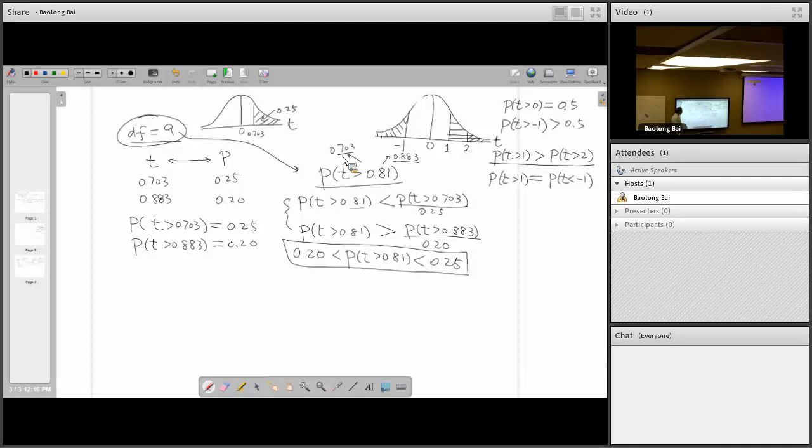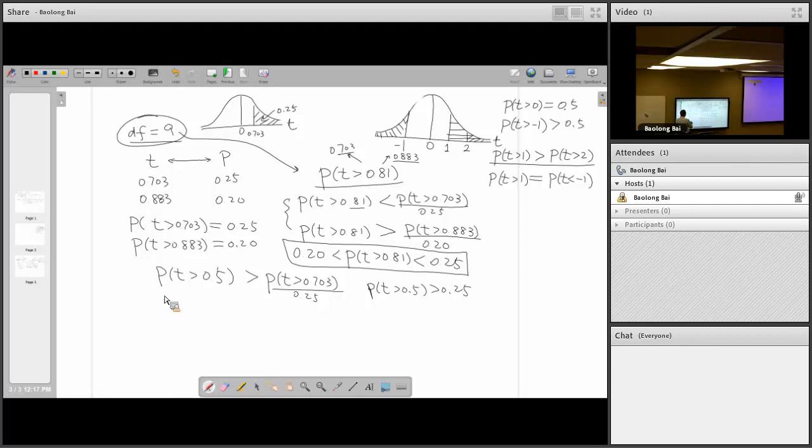What if you're trying to find the probability of t greater than, for example, 0.5? This t-score is even smaller than any t-score on the degree of freedom 9 row, right? In that case, you only have one neighbor, 0.703. Then it's obvious, a smaller t-score will give you a bigger probability, and this probability is 0.25. We can say the probability of t greater than 0.5 will be greater than 0.25.